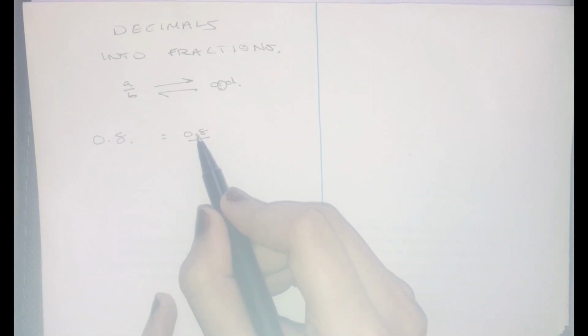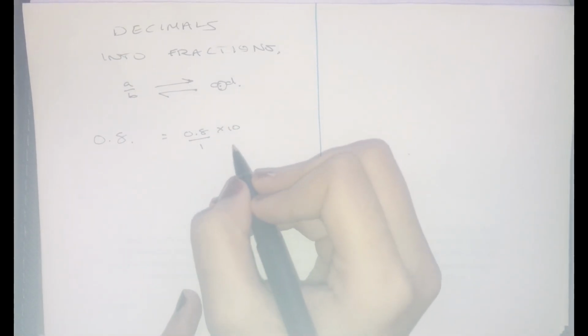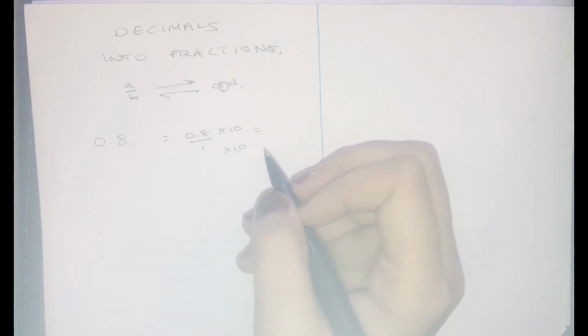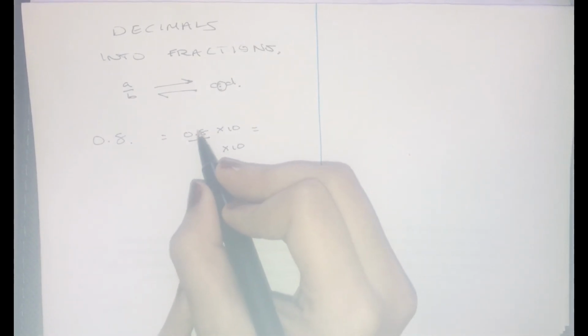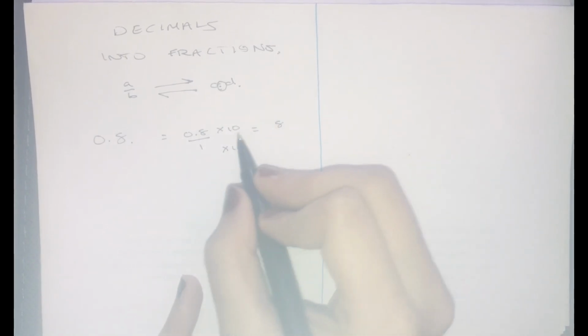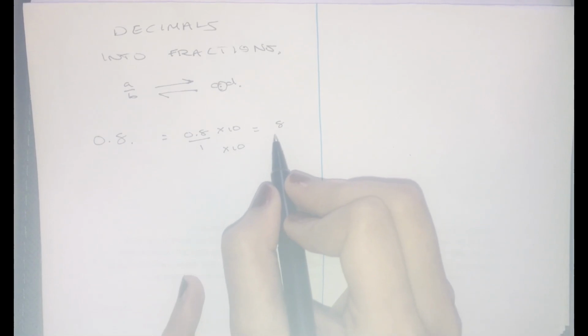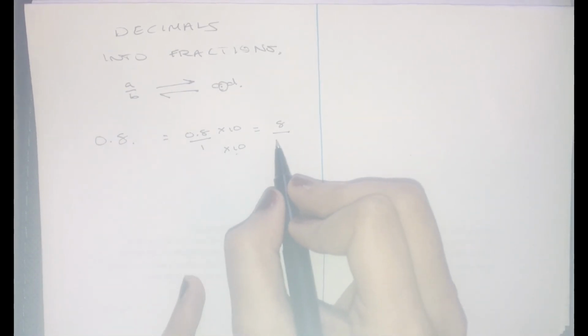That will help you move the decimal point towards the right until the end of the number. So here we multiply by 10 on top and 10 on bottom. That will give you 8, because there's 1 zero, so the decimal point moves once towards the right. So 8 over 1 times 10, that is 10.